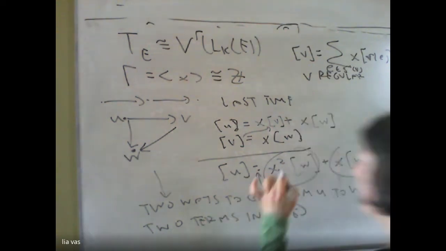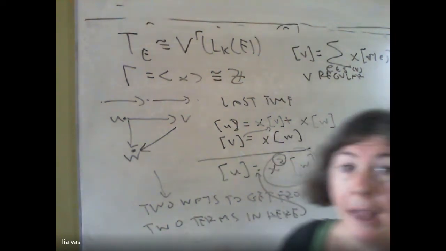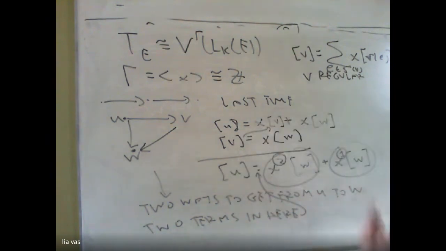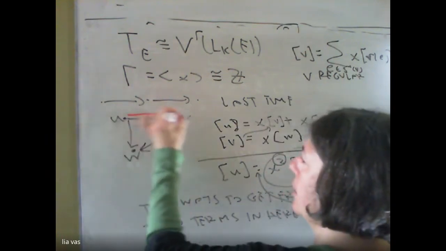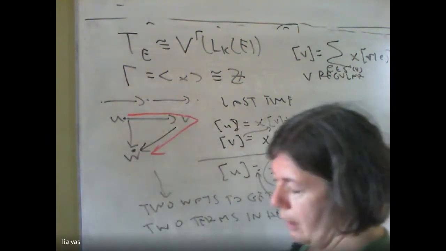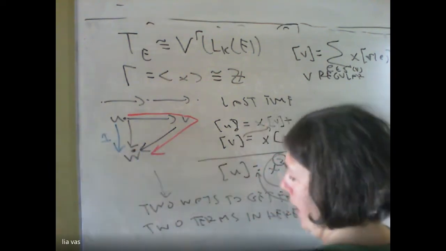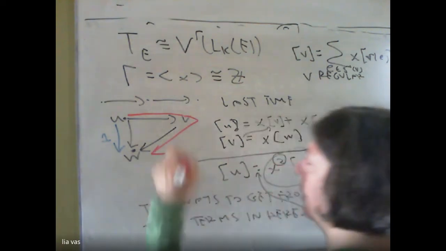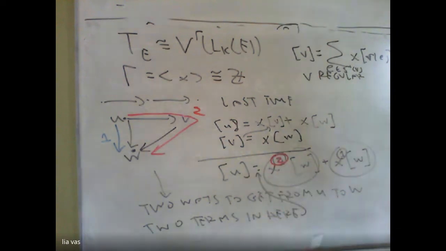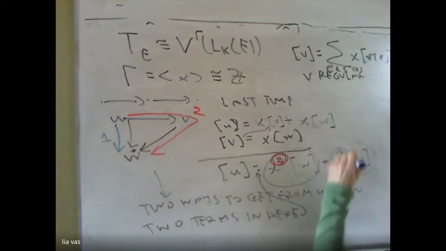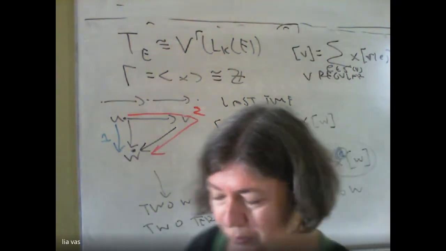And moreover, these powers here, 2 and 1, tell you about the lengths of these two ways to get from U to W. So there are two ways to go from U to W. This is one, and this is another one. And this one has length 1, and this one has length 2. So you see these are exactly these powers here, 2 and 1. So you see that's the talent of this monoid.